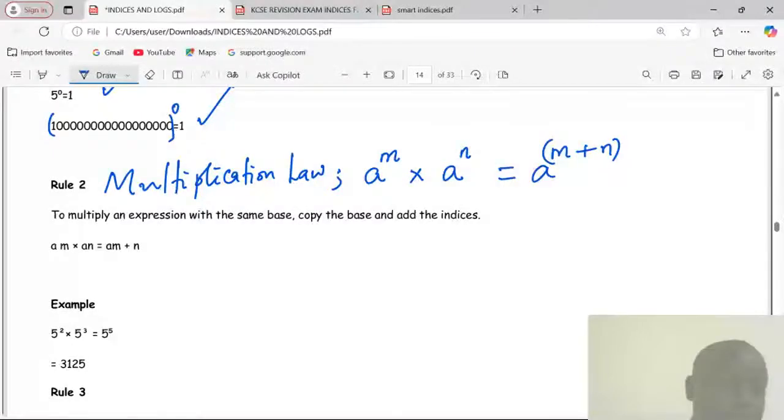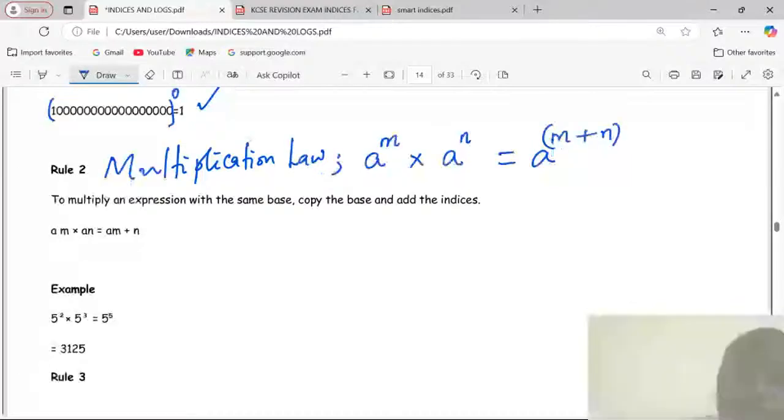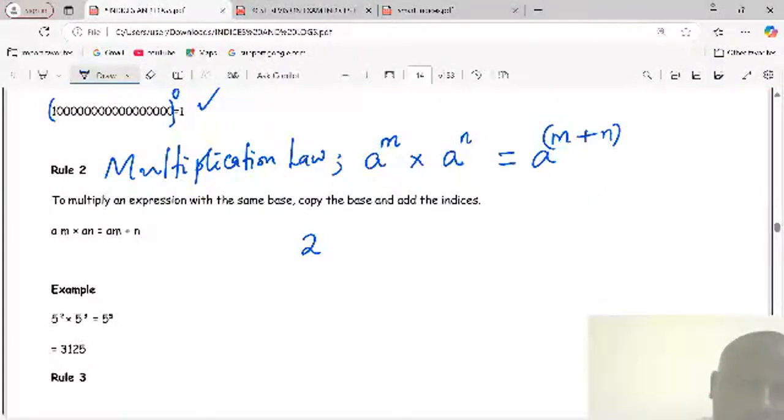We know how we arrive at this conclusion. In this manner, assume you are given 2 power 3, and this one is being multiplied by 2 power 4.